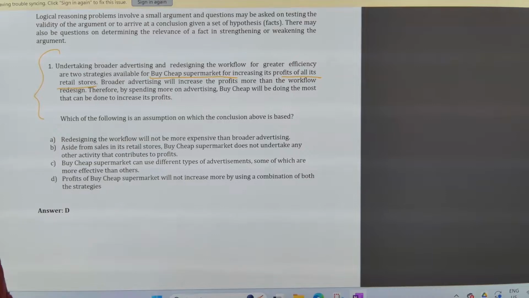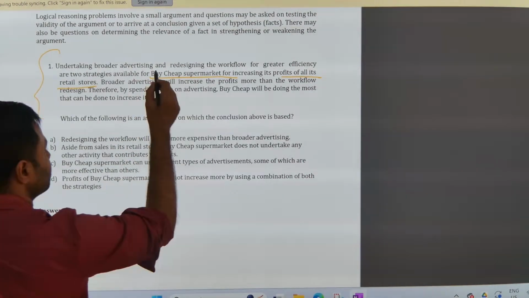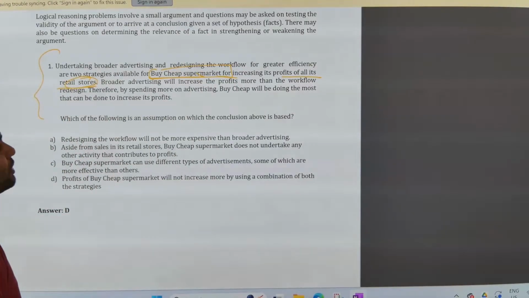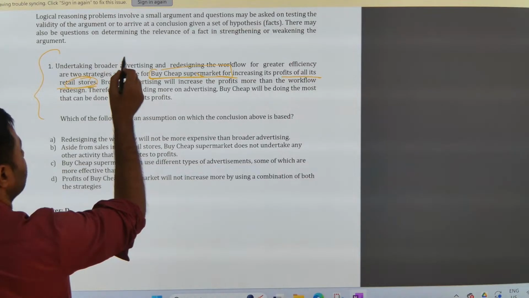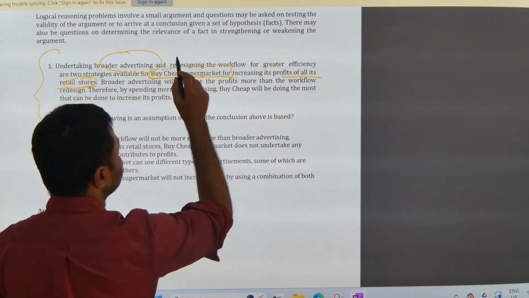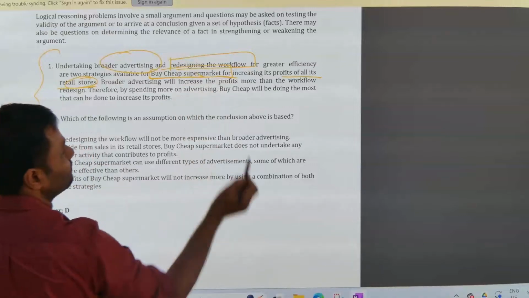So there is a lot of information in the first sentence. There is a chain, Buy Cheap Supermarkets, and they have multiple stores clearly, and they want to increase their profits in all those stores. To do that, they have come up with two strategies. First is undertaking broader advertising, and second is redesigning the whole workflow, right?